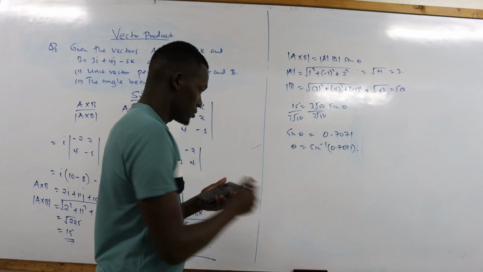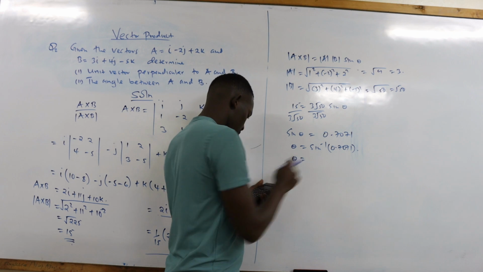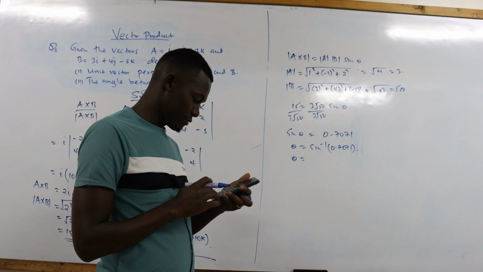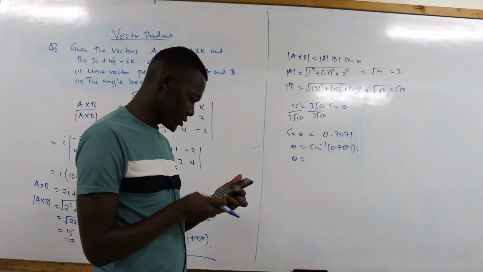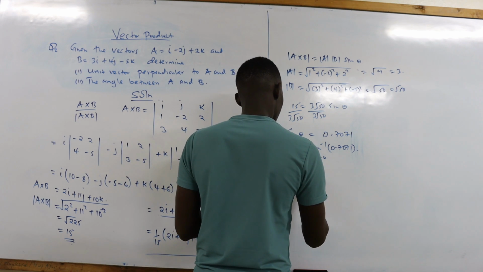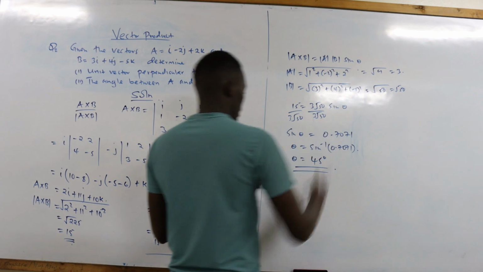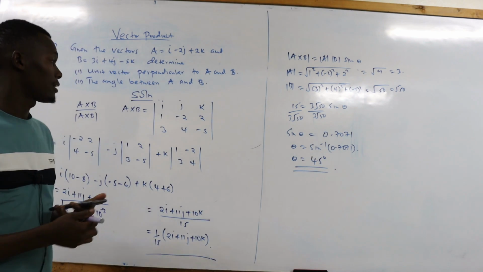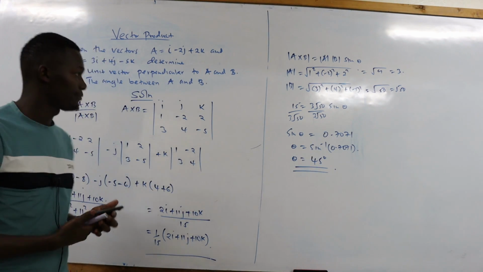Okay, so therefore my theta will be sine inverse of my answer there, which will give me 45 degrees. And that is the angle between A and B.